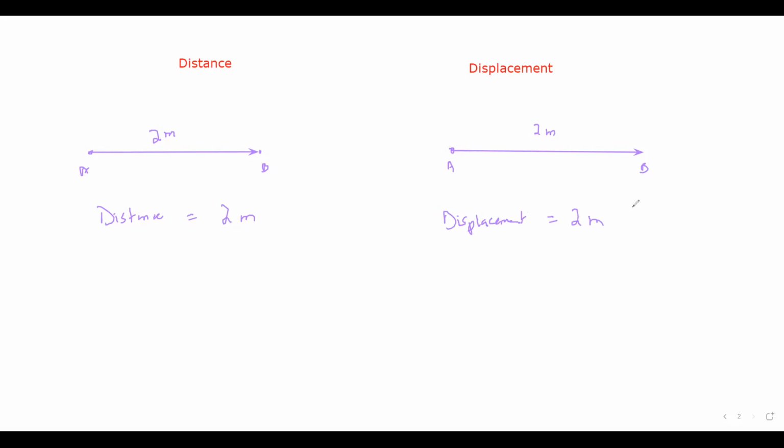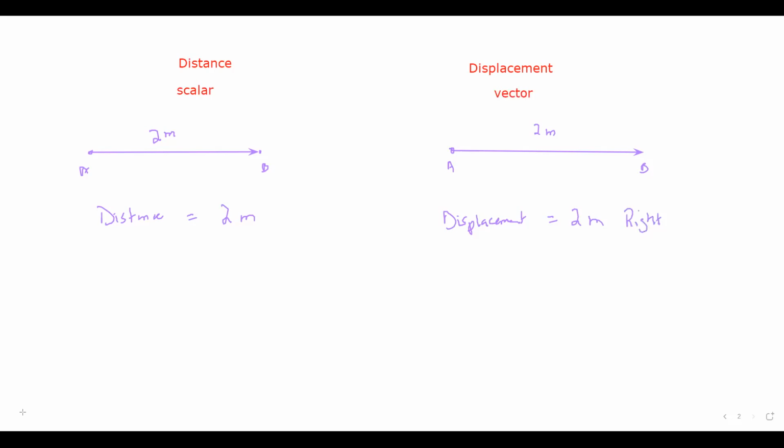It is towards the right hand side. So displacement is represented with a direction. Distance is not represented by a direction. We just use the number and the unit. So distance is a scalar quantity whereas displacement is a vector quantity.